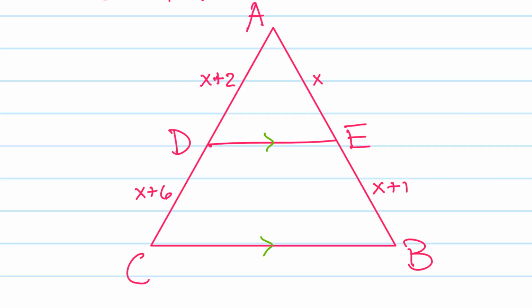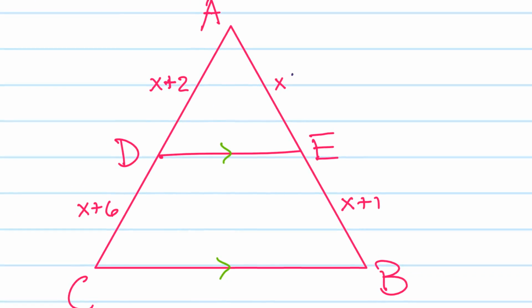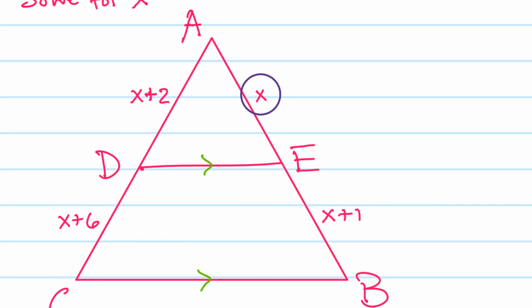Before we set up a proportion, we have to figure out what the similar sides are. So I'm going to start with x. X is similar to what on the big triangle?